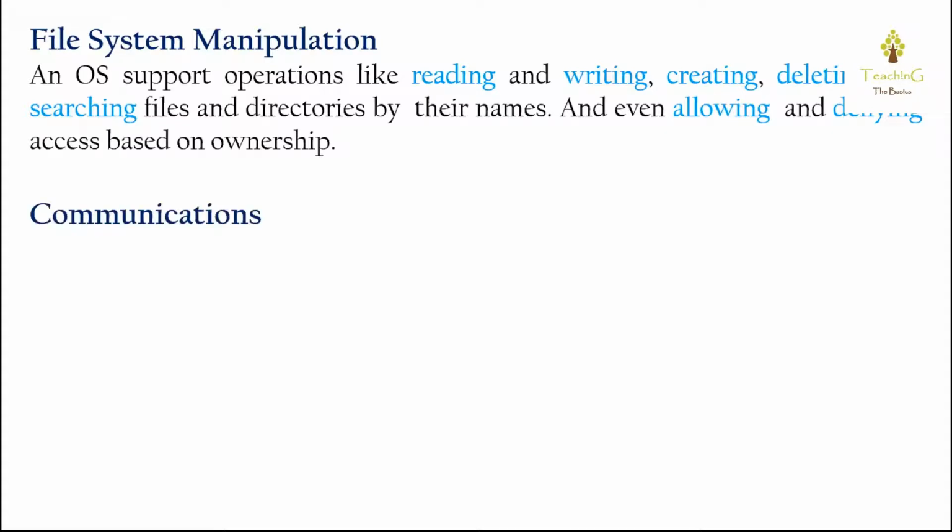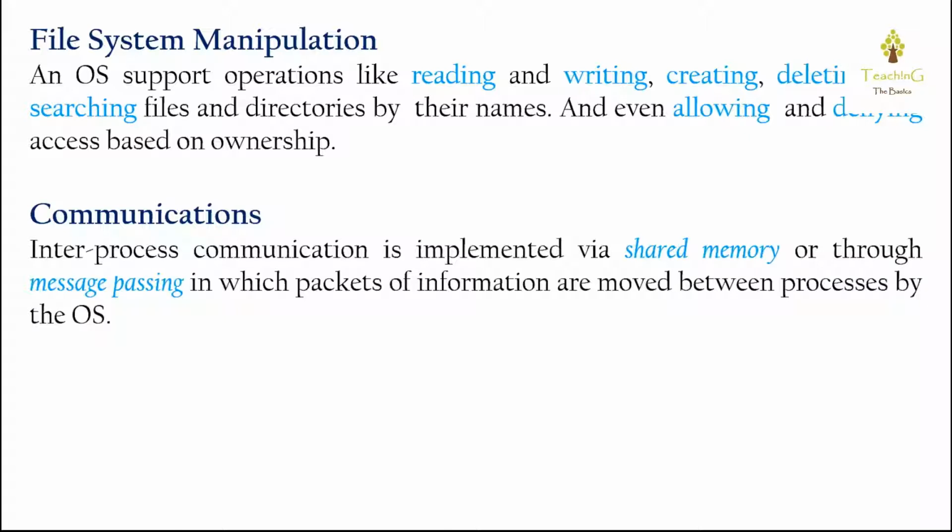Now the next point is the communication, and inter-process communication is implemented by shared memory or through message passing, in which packets of information are moved between processes by the operating system.